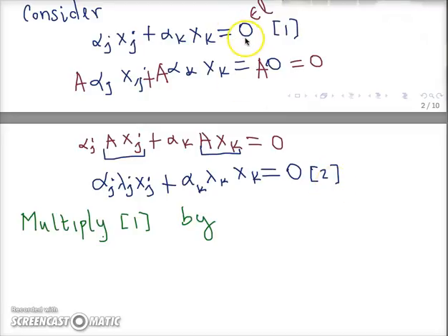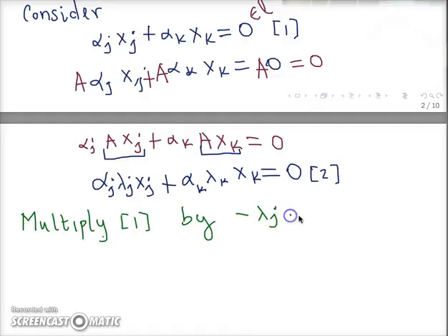But let's keep in mind that we still work with number 1. I want you to compare 1 and 2. There are things in 1 and 2 that look very similar, and I want to get rid of one thing. To do that, I'm going to take expression 1 and multiply it by the scalar negative lambda j.